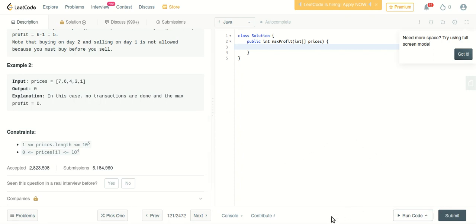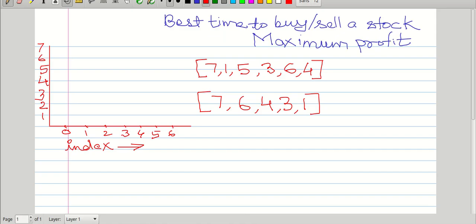Before that, let's try to analyze it. So I draw a diagram here. The x-axis is the index and the y-axis is the share price. So the index is the ith day. We have one array: 7, 1, 5, 3, 6, 4.